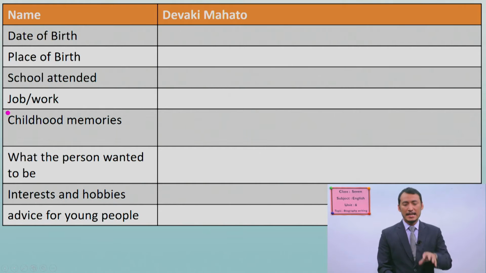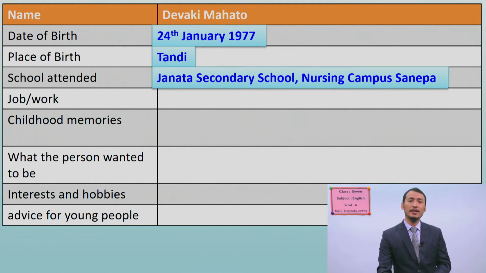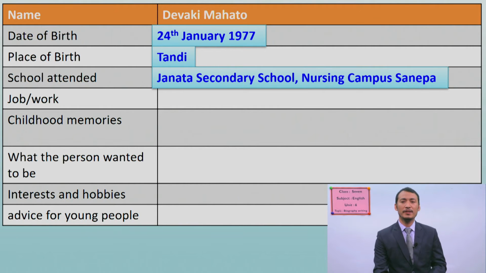Okay, let's now see the information given in your book. In the table, we have the name as Devaki Mahato, and the date of birth is 24th January 1977. And the place of birth is Tari, and the school attended, she attended Janata Secondary School and Nursing Campus, Sanepa.